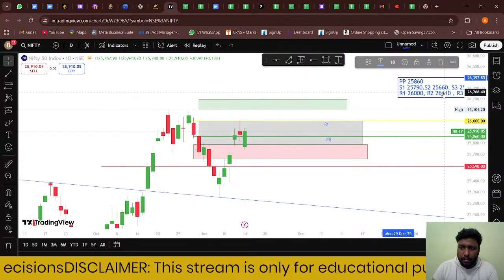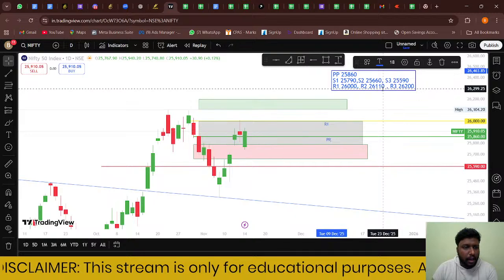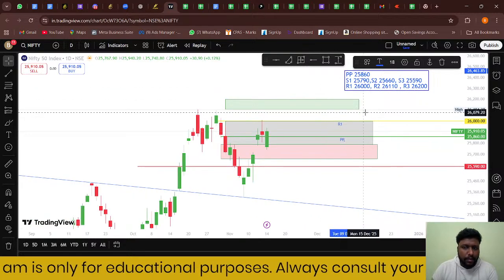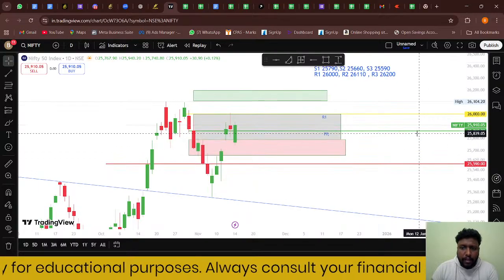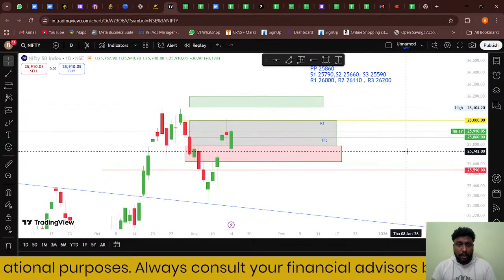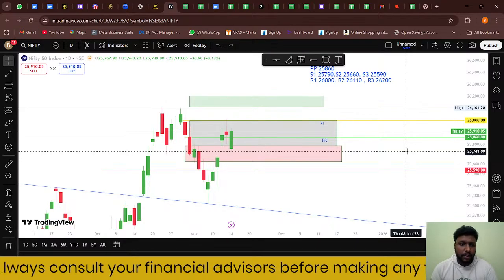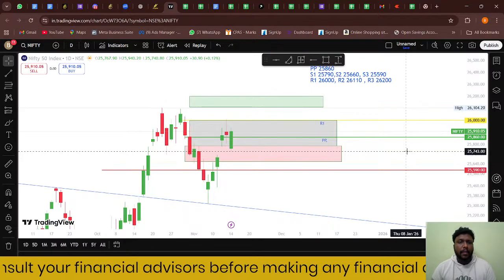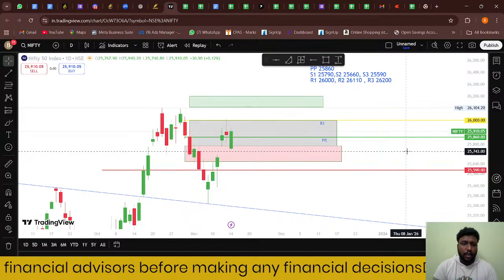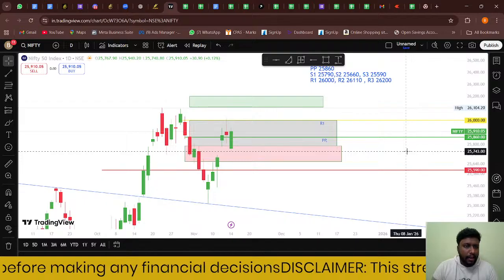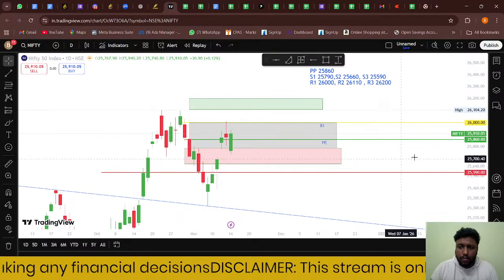our bullish zone starts at R2, which is 26,110. So this can be considered. Volume should be kept with your directional trade. Bullish continuation will only happen if we have better volume in the market in that direction, so you can validate your direction with respect to the volume as well.